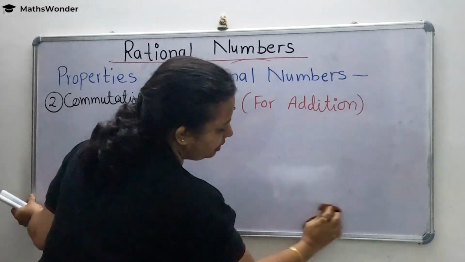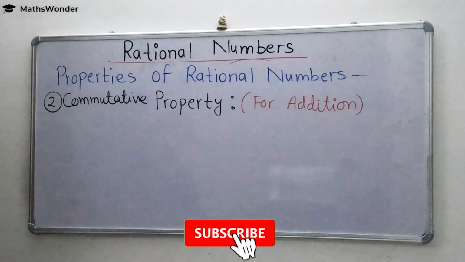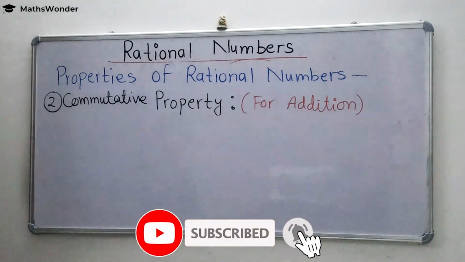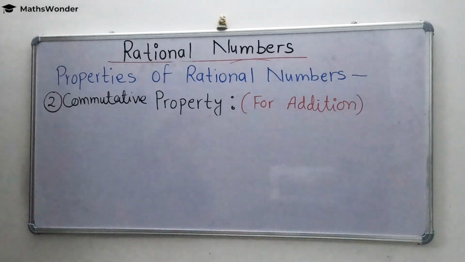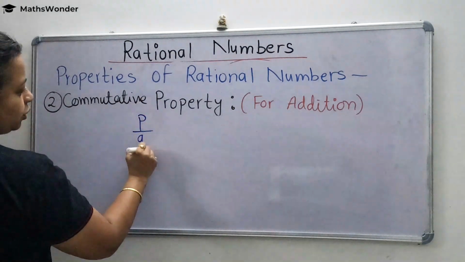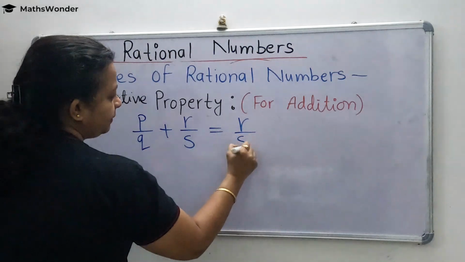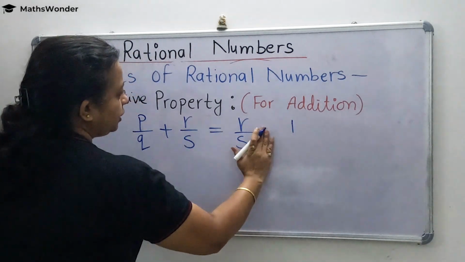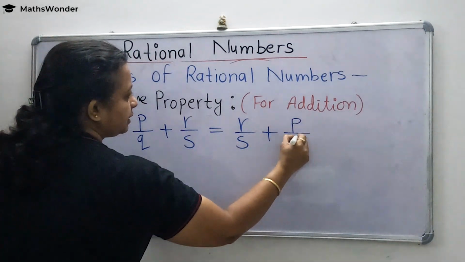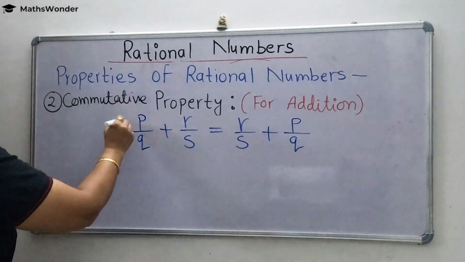In natural numbers, whole numbers, integers, we have used the same property in all the number systems. What is the format of the commutative property? The sum of two rational numbers is the same even if the order is changed. Suppose P over Q, if you add it with R over S, if you change the order, you will get the same answer. This is the format of the commutative property.